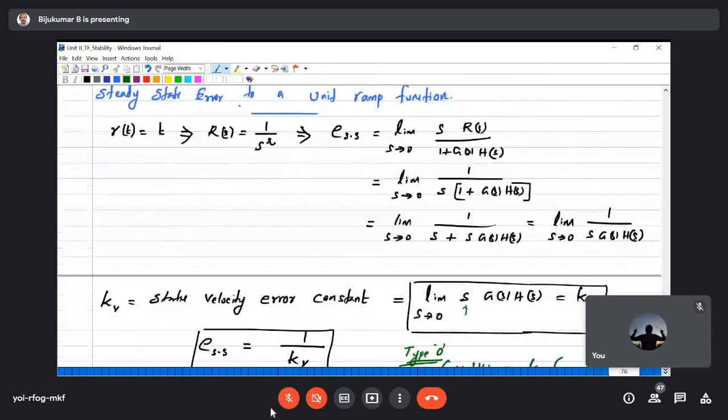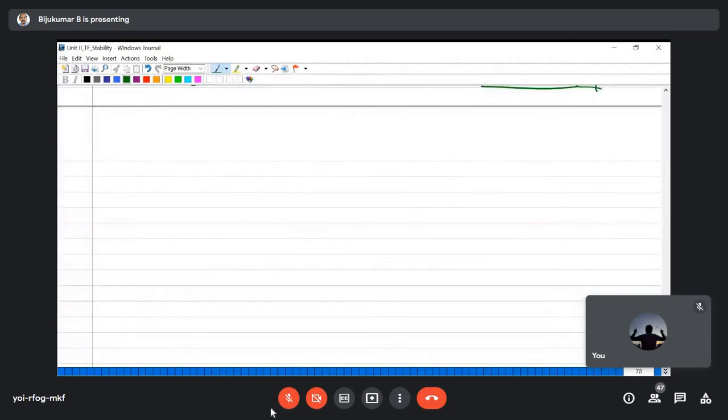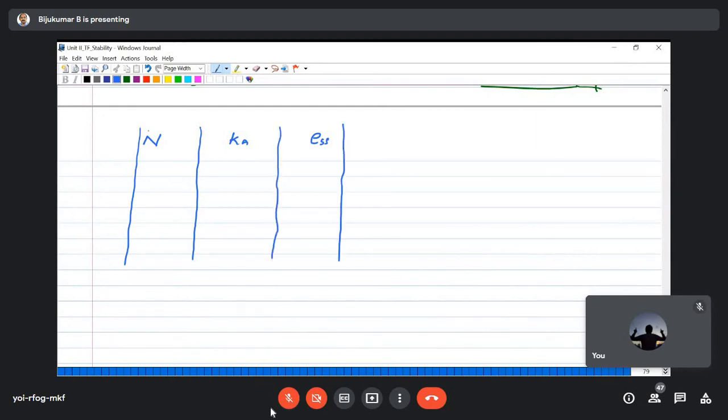Now we'll do the same exercise. We'll take n equal to 0, 1, 2, and see how this error is varying with respect to all those things. N, next one is Ka, next one is steady state error. Now, when n equal to 0, type 0 system, what is the Ka value?